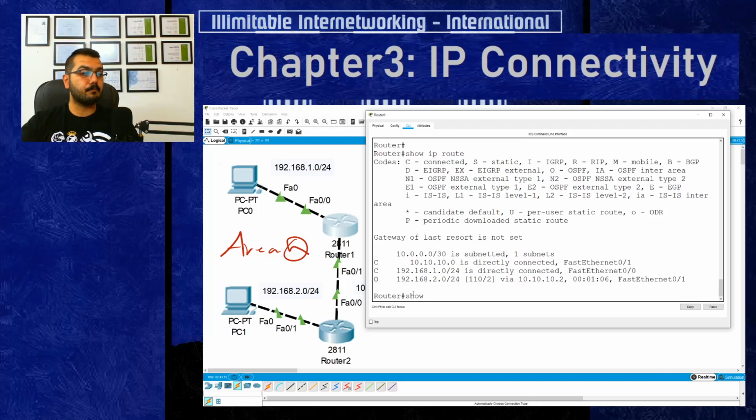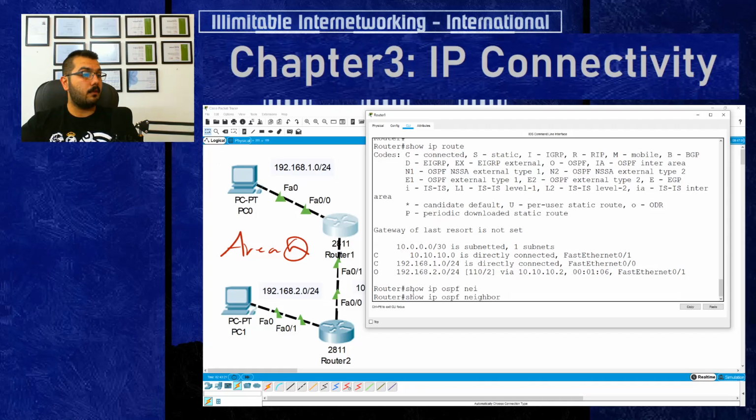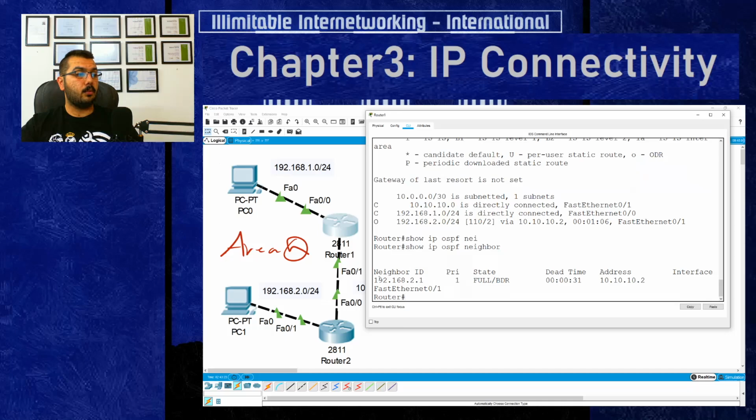The other one between routers will be show ip ospf neighbor. This will tell you that I have a neighbor with a router ID, which is this one. I haven't configured the router ID on R2. Where did this number come from? It came automatically by choosing the highest configured IP address inside the router.